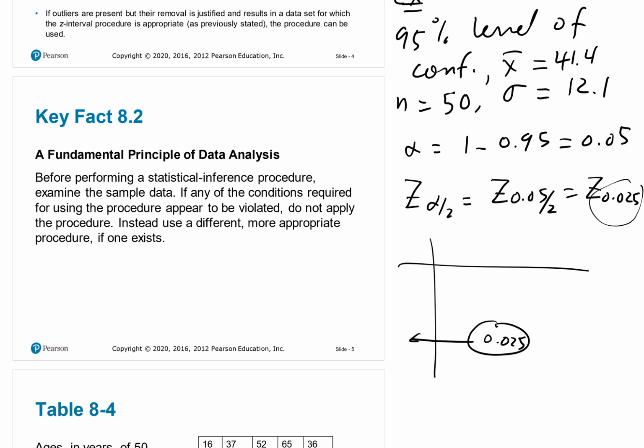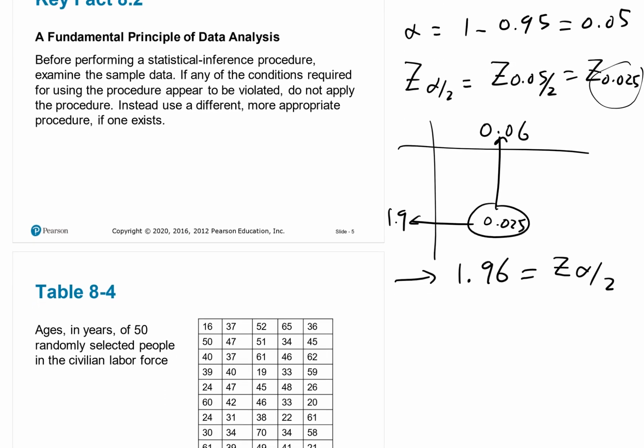Then you go this way and up, and you're going to find it's 1.9 and 0.06, so it's 1.96. That's z sub alpha over 2, the z-score corresponding to that area. After we find this, we go back to the two formulas, the x bar minus z sub alpha over 2 times the standard deviation over the square root of n.